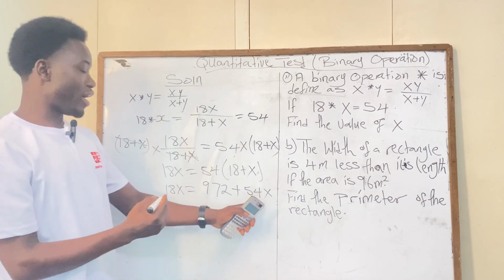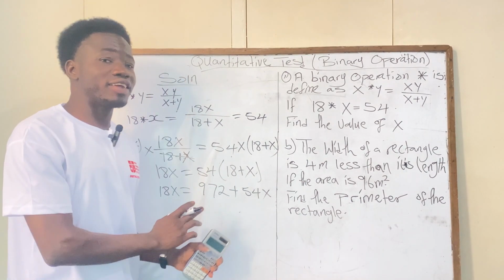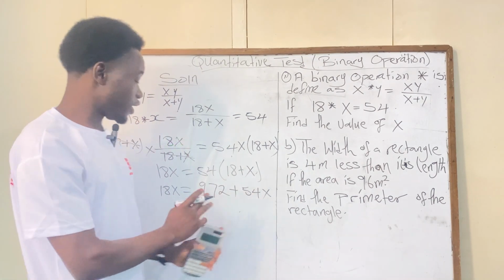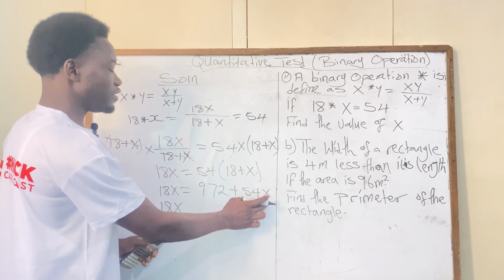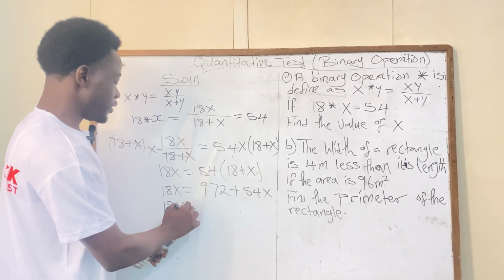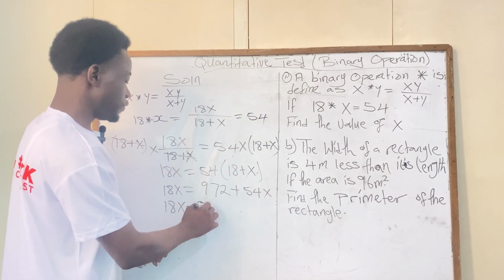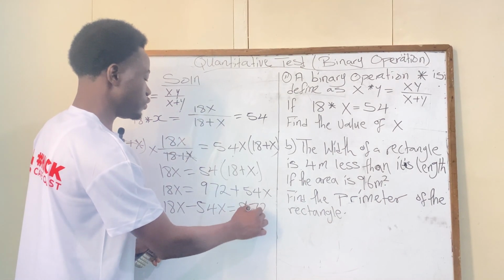Now that we are looking for x, we are going to group like terms, putting the variables to one side and the non-variables to the other side. So I have 18x, bringing this 54x to the other side of the equation gives me negative 54x, which is equal to 972.